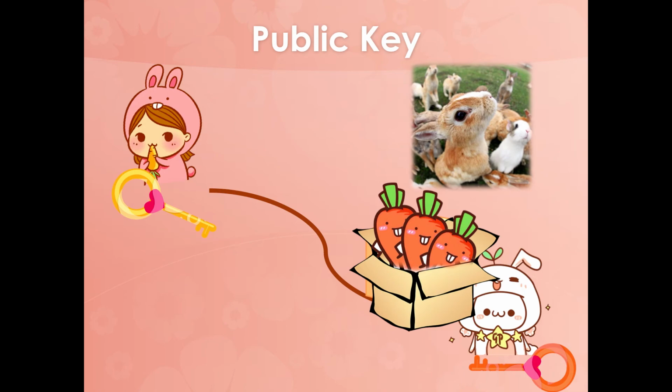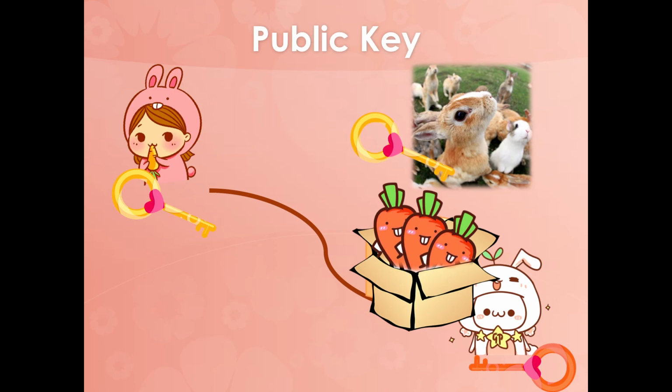However, it doesn't need to be secured. If other rabbits obtained the public key, they would not be able to decrypt any information that was encrypted using it. In order to decrypt the information, the private key is required.